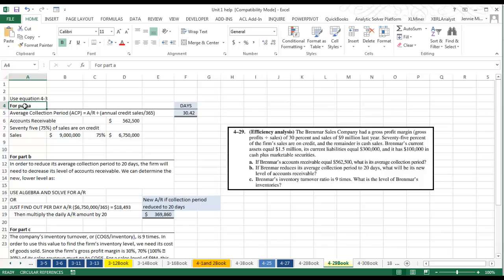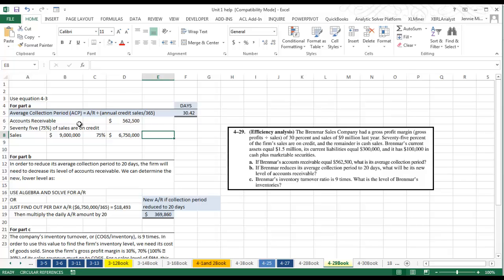One of the things I always do when I lay out a problem is I go find the formula. So that's what I'm highlighting here. That is the formula. So average collection period is just accounts receivable divided by annual credit sales, which is actually divided by 365. So we're finding out what our daily sales are.